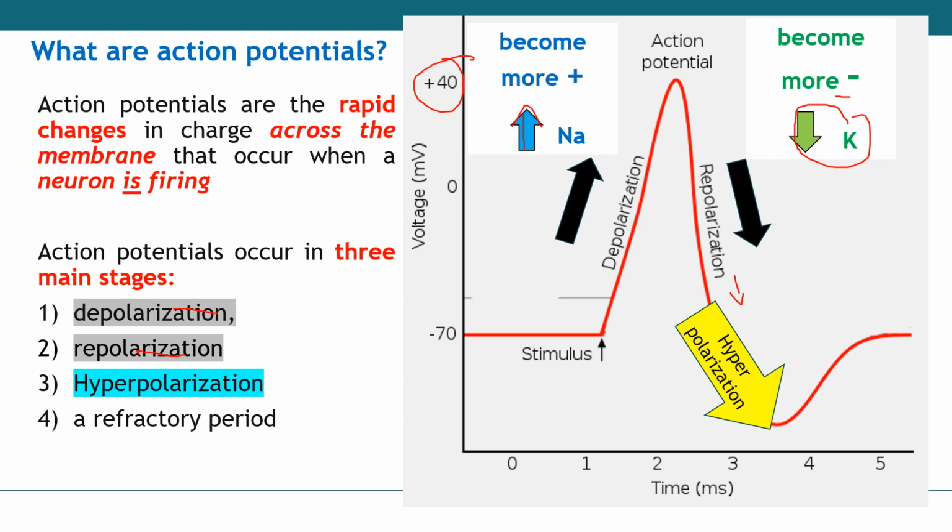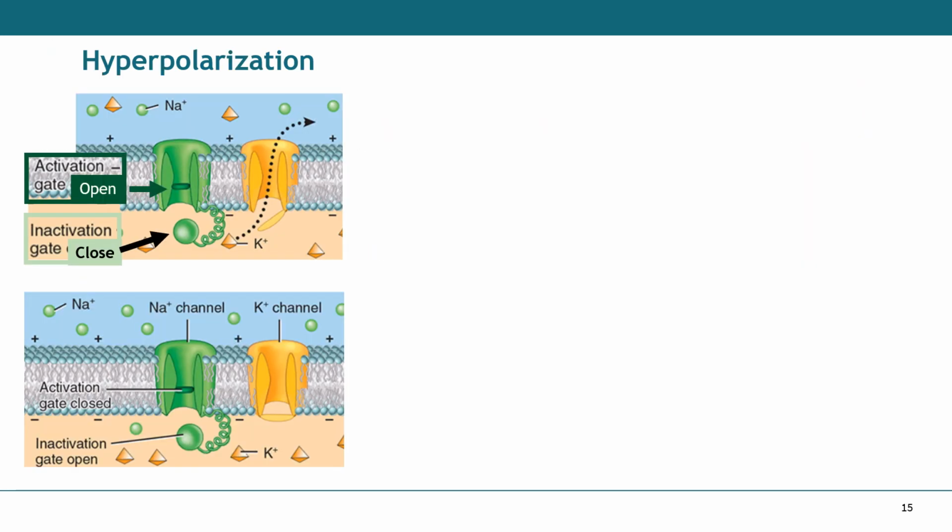Now we're going to talk about the process of hyperpolarization. If you see the process, the cell becomes even more negative before starting again and resetting the entire process. So let's talk about that. In your textbook, they don't show a lot of the process of hyperpolarization with diagrams, but I'm going to show you what happened.